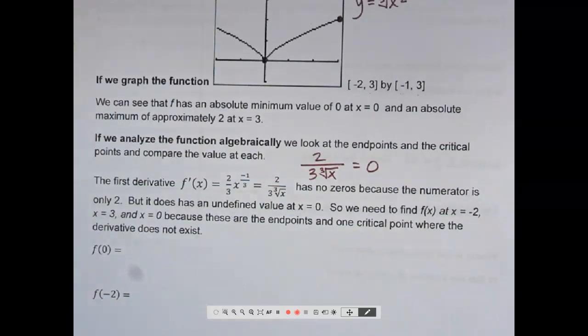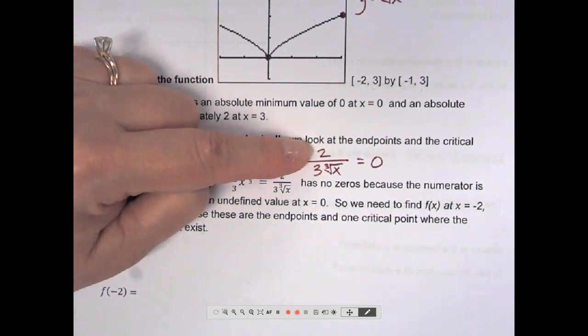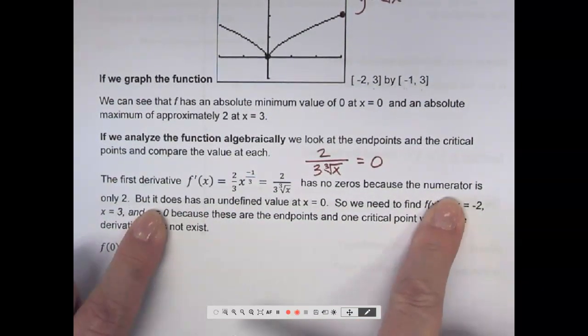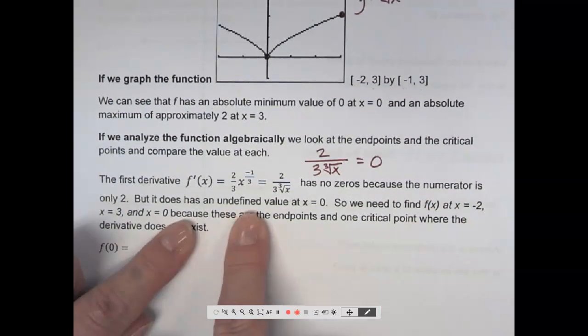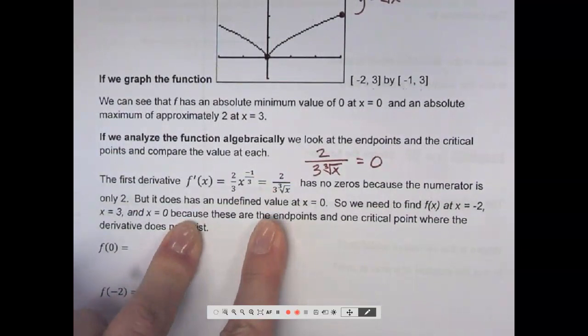Yep, we'll get to the denominator in a second. The only way a fraction can equal 0 is if the numerator is 0. Is that numerator ever going to be 0? There's no x there. That's why I said there are no zeros, because the numerator is never going to equal 0. But it does have undefined values because the denominator can be 0.